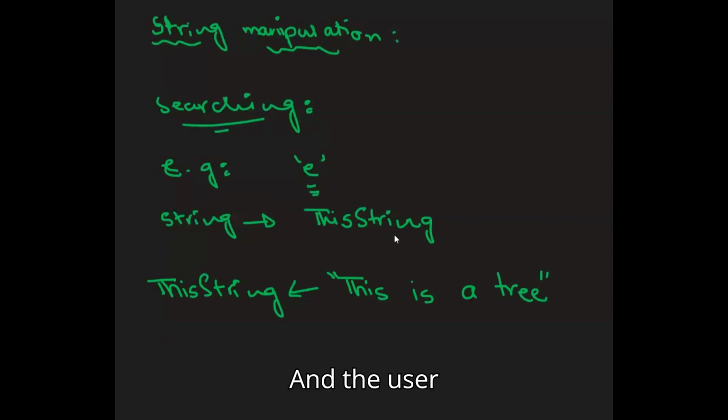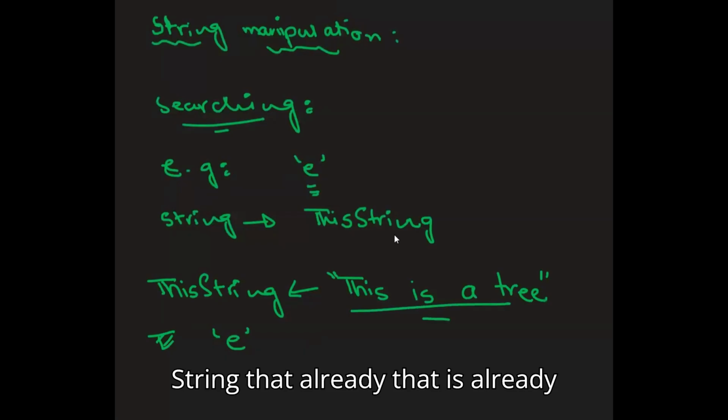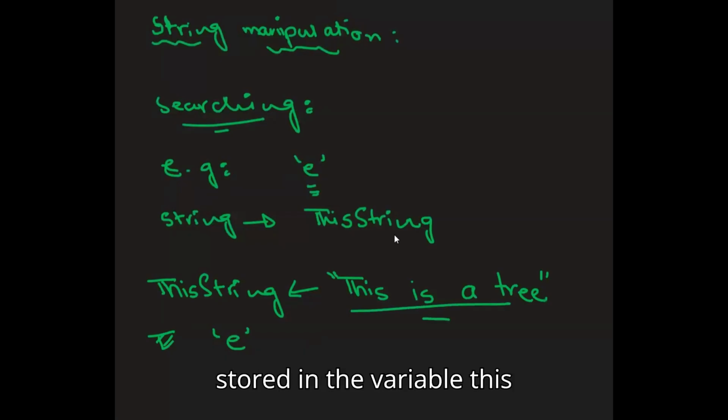And the user wants to see if the character E exists in this string that is already stored in the variable ThisString.